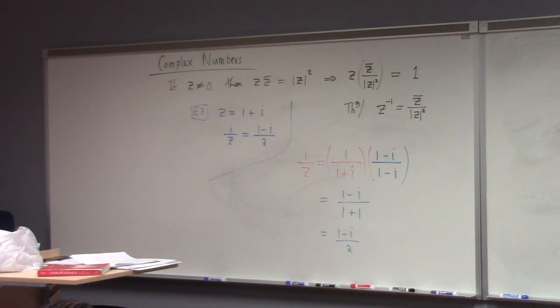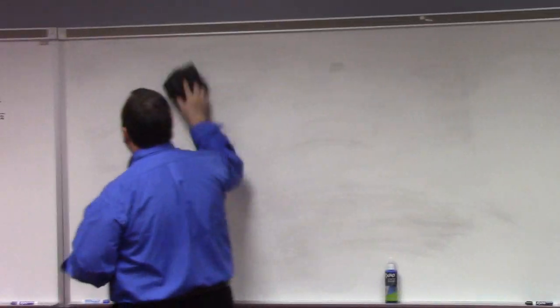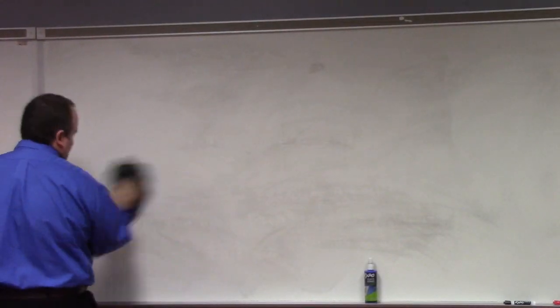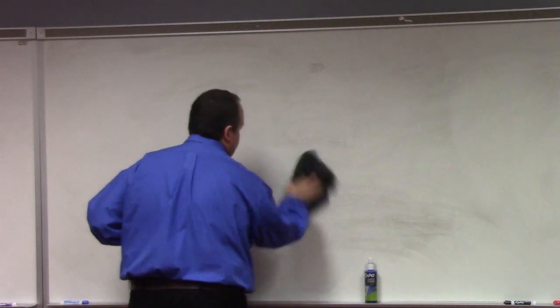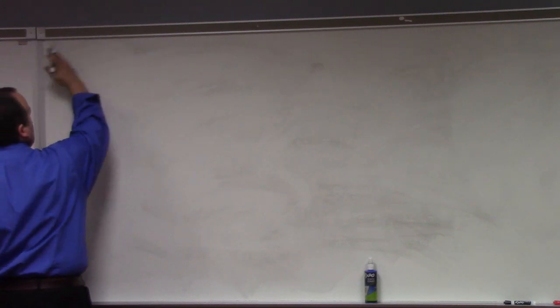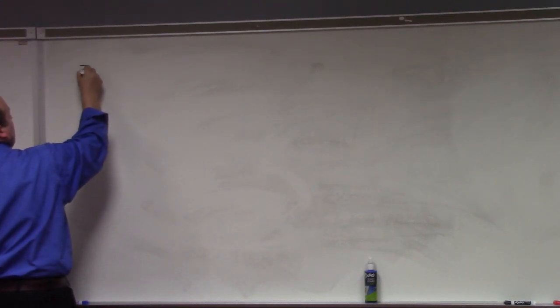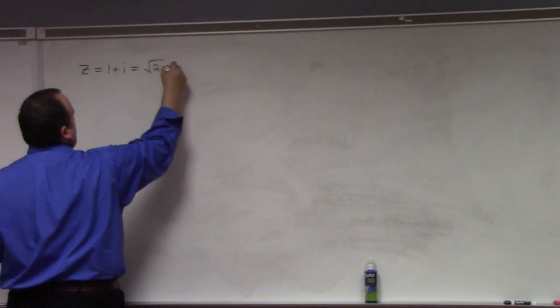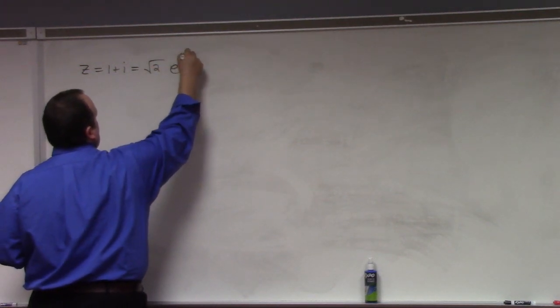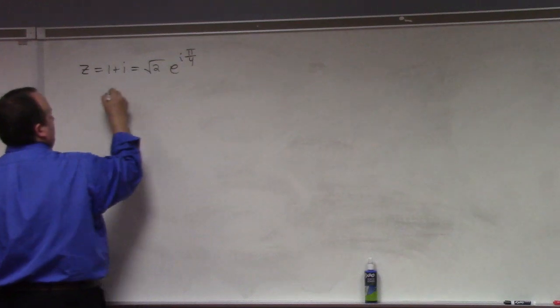So let's take a look at this a little bit more. This thing we just did, what does that look like in polar notation? What was the polar form of 1 plus i? We had z is 1 plus i, but we could also write that as square root of 2 e to the i pi over 4. So what's 1 over z?